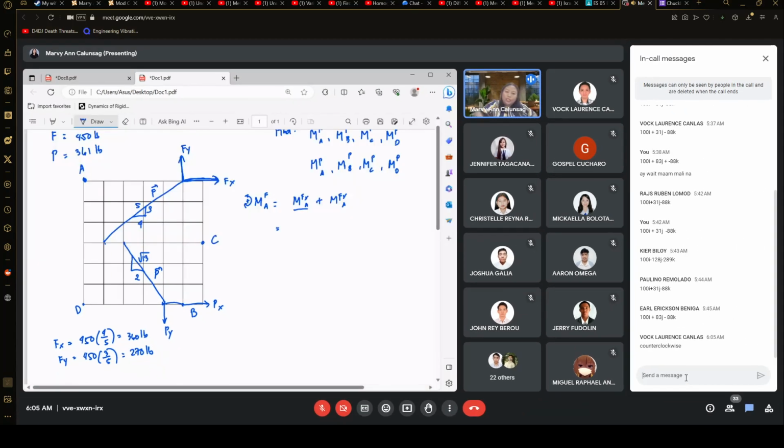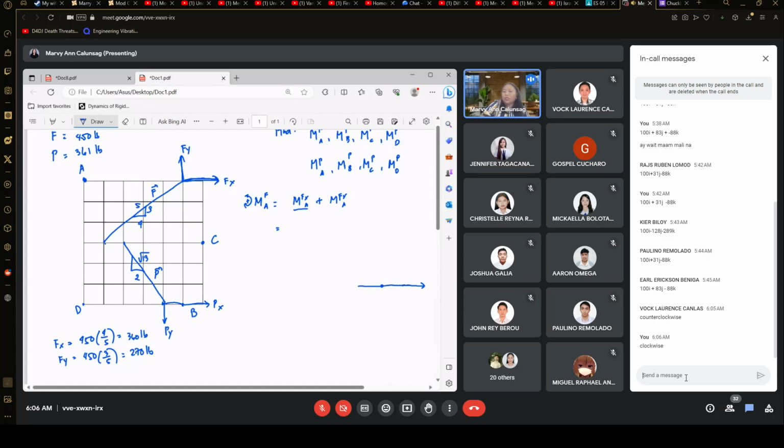Let me separate this into another drawing. Let us extend Fx. Actually, what we are going to do is extend the line of action of the force Fx.